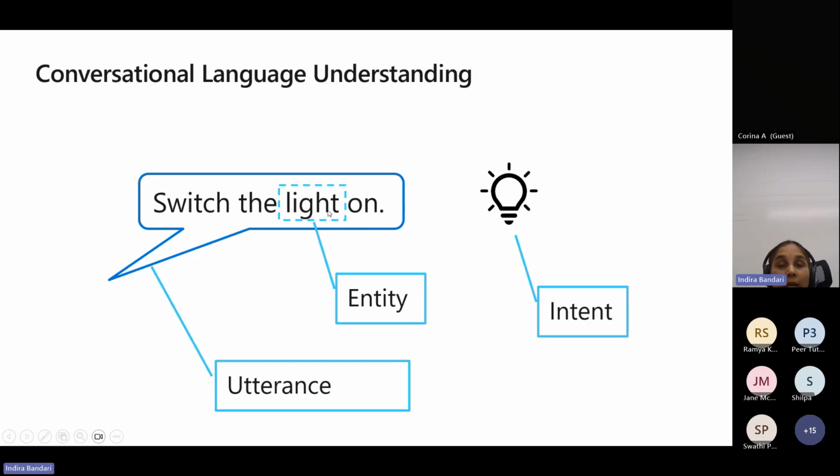An entity can be a place or a thing, I'm just saying it as an example. It can be an item, a person, a place, something like that. And there is an intent. What is the intent here? It's the described action. So switch something on is the intent. Those are the three things that you need to understand very clearly.